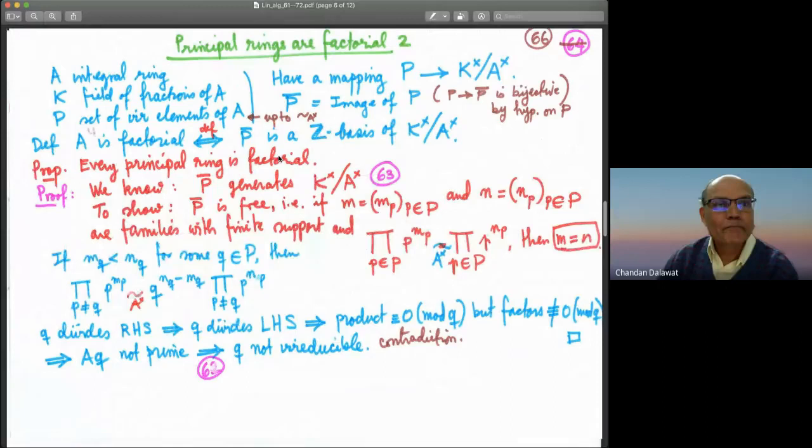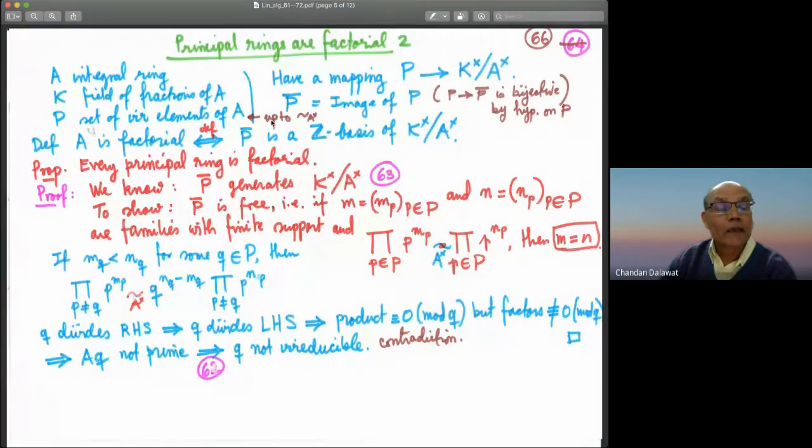Anyway, this is the one where I proved that a principal ring is actually a factorial ring. What does it mean for a ring to be factorial? I take an integral ring A and I denote by K the field of fractions of A, and I let P be a set of irreducible elements of A, not the set of all irreducible elements, but a system of representatives up to associates.